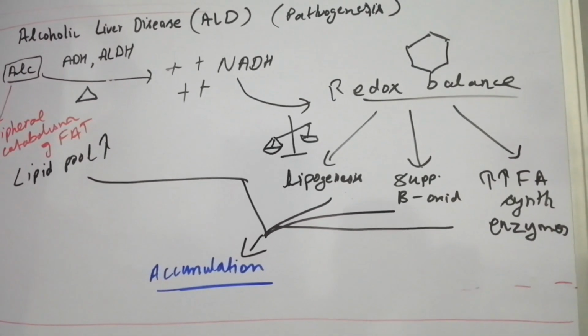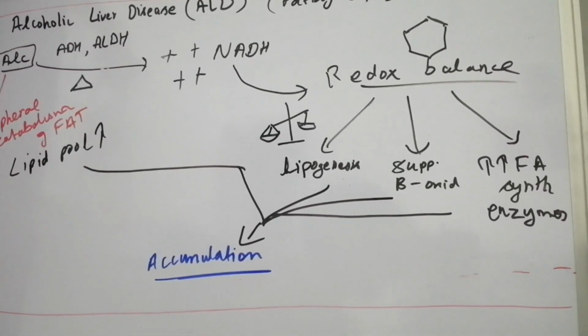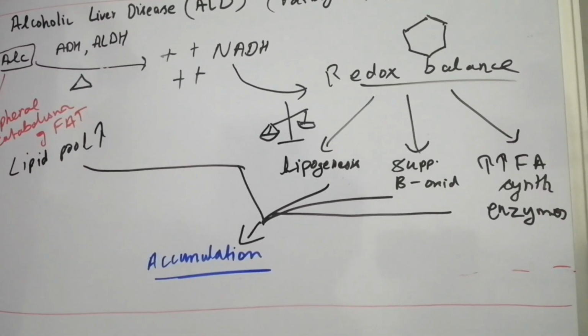Once accumulation of lipids occurs inside your hepatocytes, what is going to happen? There will be impaired assembly and secretion of lipoproteins.